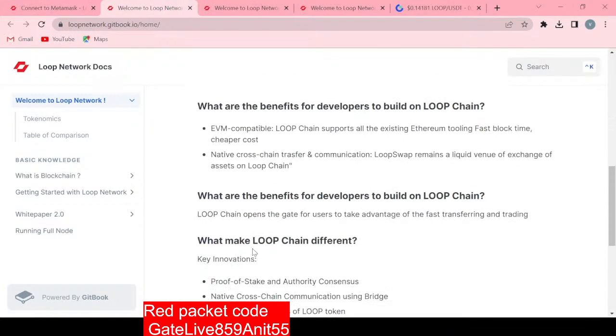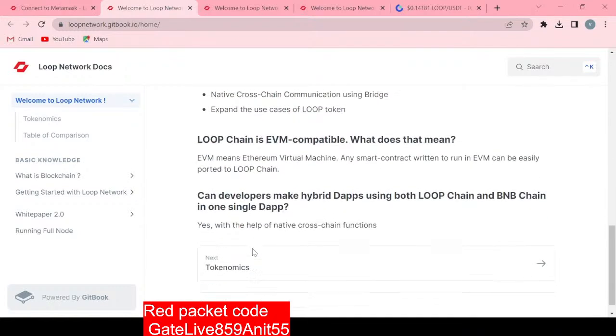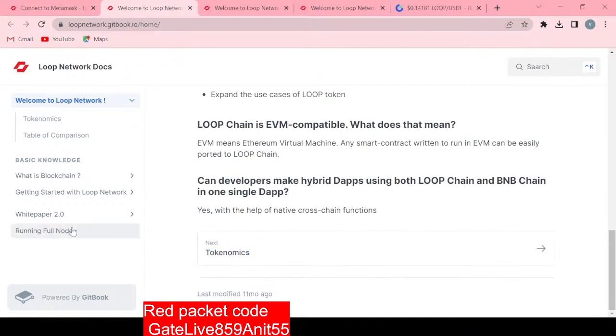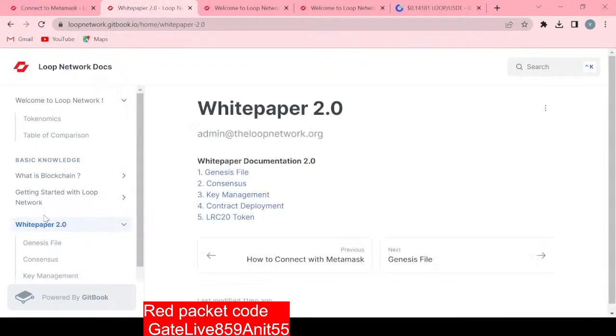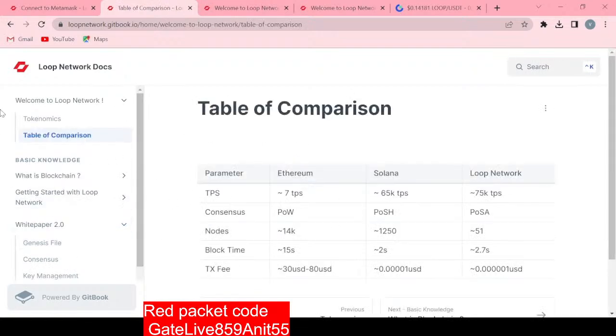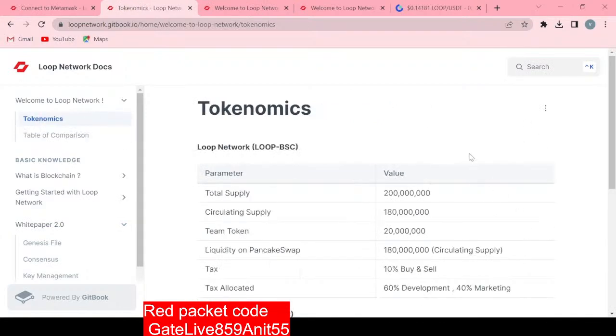Okay, we have come across everything, and running a full node on the loop token we have also seen. We just talked about everything included in this project.